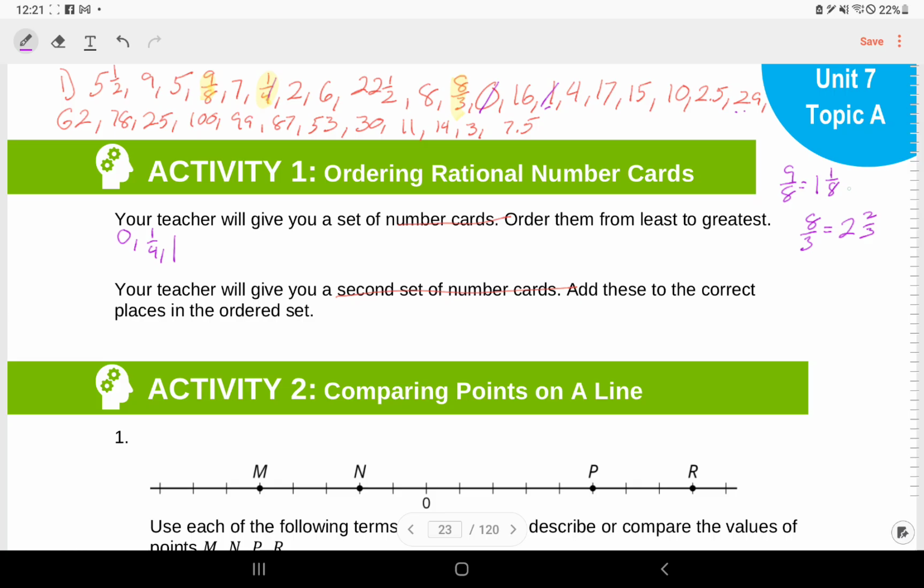So between 1 and 2 is definitely 9/8. So that's definitely there. Now, since I had no other fractions, do I see any 1.5s or anything? No. So then I can go with 2.